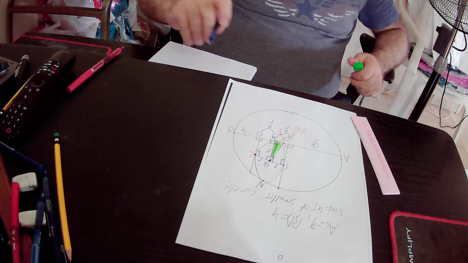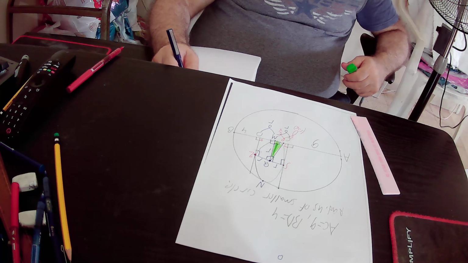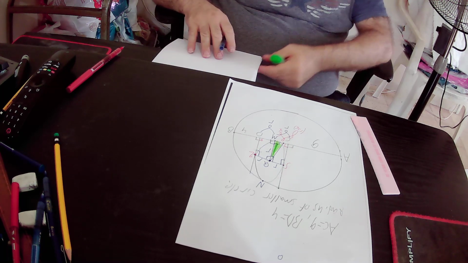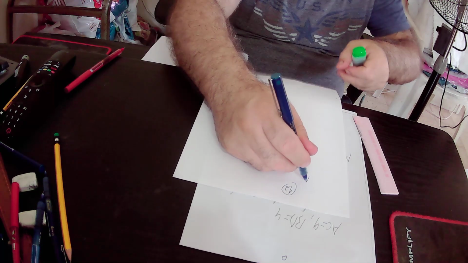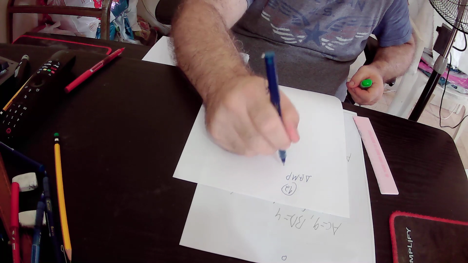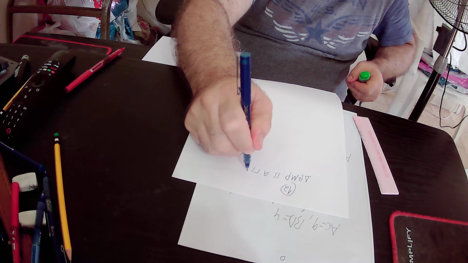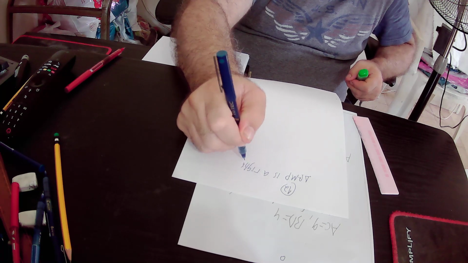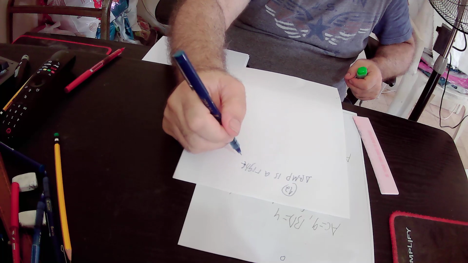Okay, so I write it down. Triangle QMP is a right triangle because angle QMP is a right angle.